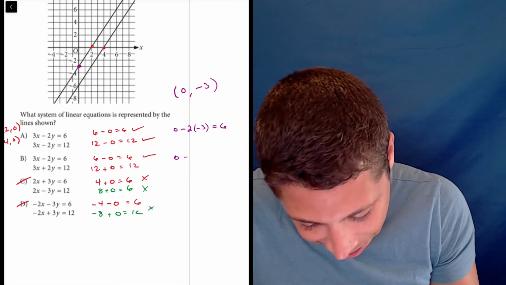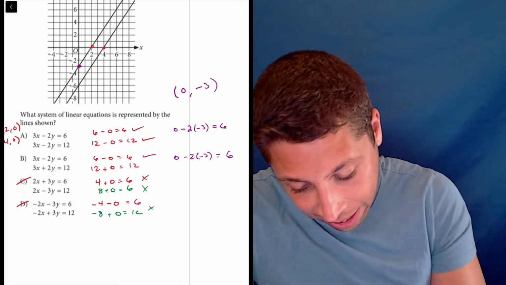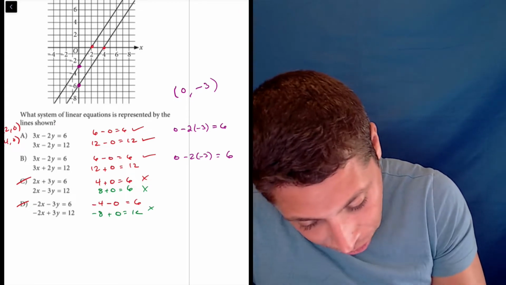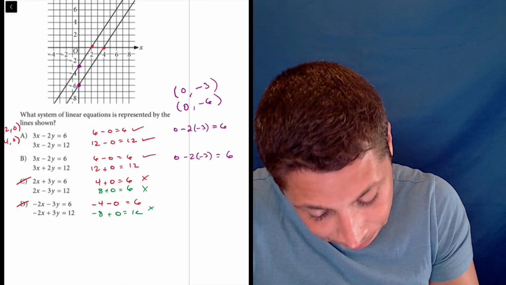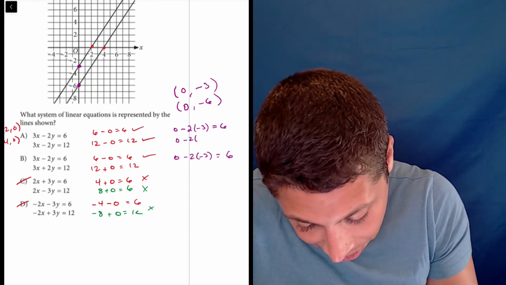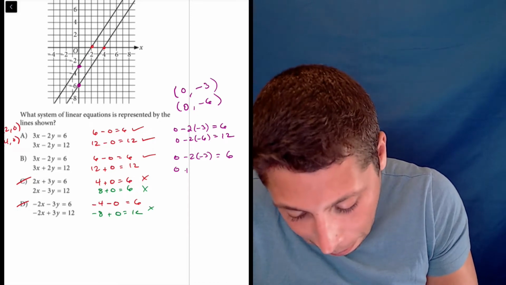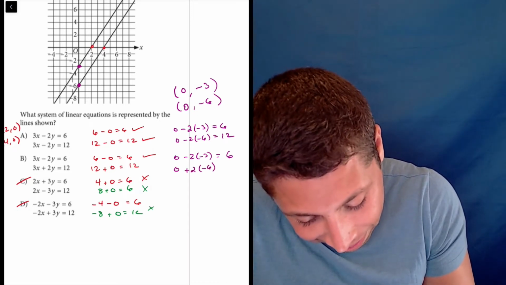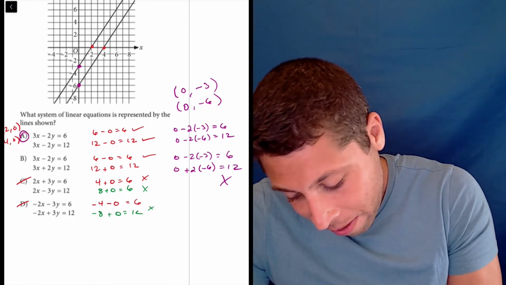See, in my haste to do the strategies here, to show off, I made a mistake of having too much strategy work. So let's try 0, negative 6 in the second equation. 0 minus 2 times negative 6 is positive 12. 0 plus 2 times negative 6 is not positive 12, forcing us to pick A.